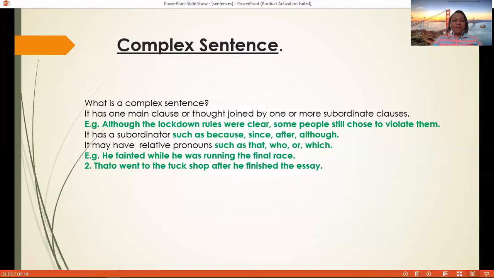It may have relative pronouns, and we have our examples of relative pronouns. So take note of the complex sentence. It helps one to explain further an idea or to expand an idea further.